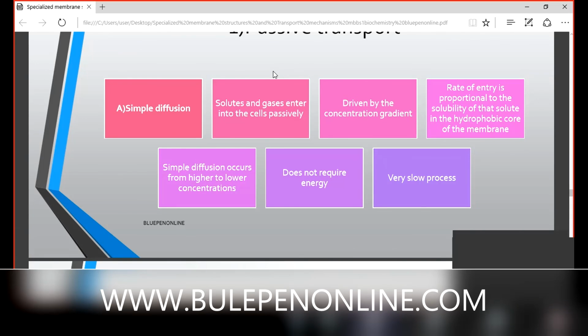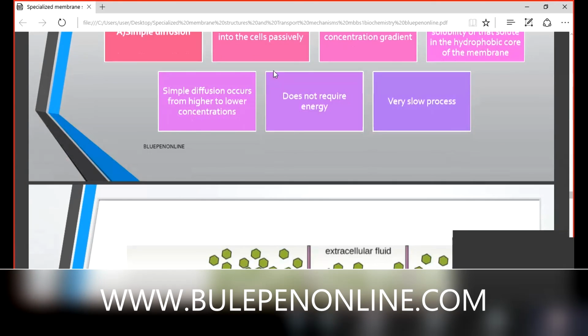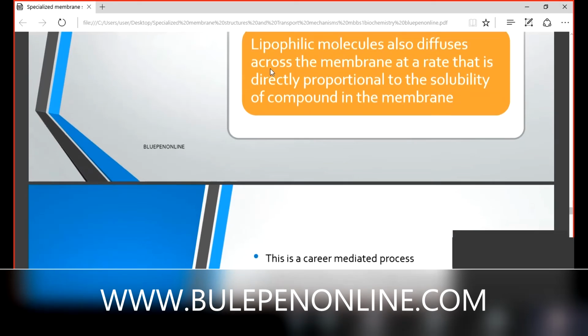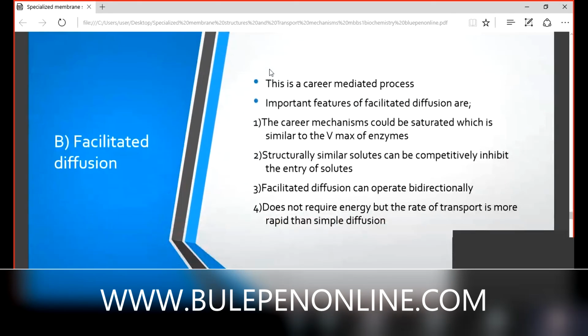It's a very slow process, not too fast. That's about simple diffusion. Then diffusion of gases like oxygen, carbon dioxide, NO, and CO depends upon the concentration gradient. Lipophilic molecules also diffuse across the membrane at a rate directly proportional to the solubility of the compound in the membrane. Then we are entering into facilitated diffusion.